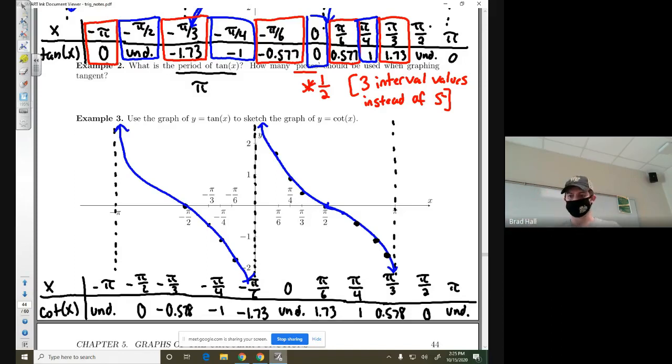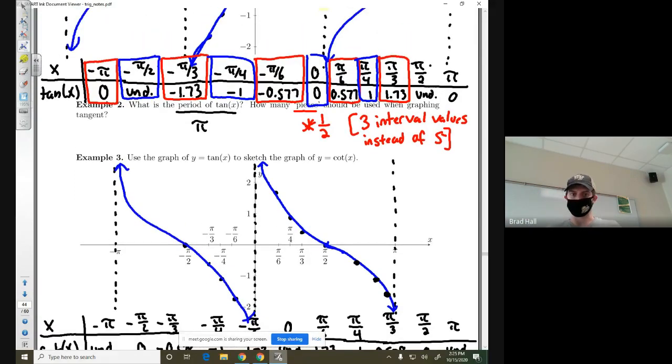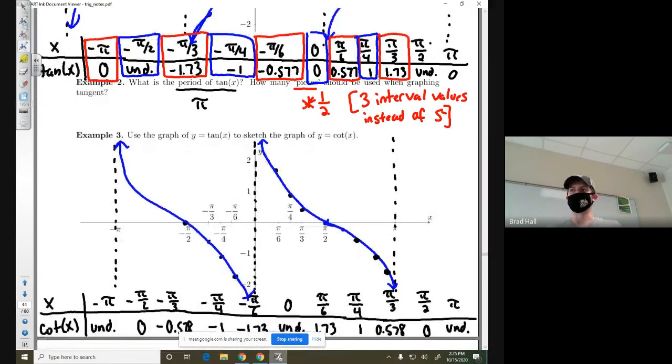Notice that as we compare these two graphs, one of them increases and one of them decreases.